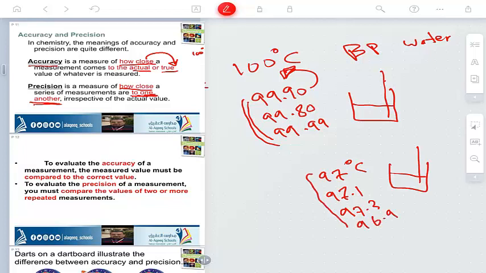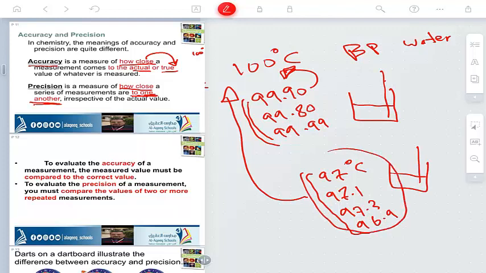All of them are close to each other, yes, but they are not close to the true value. It means these values have precision. They are close to one another, yes, but not accuracy. Why? Because they are not close to the true value.